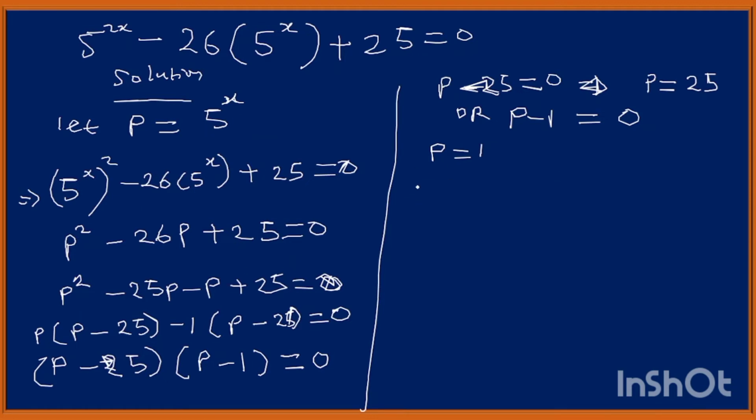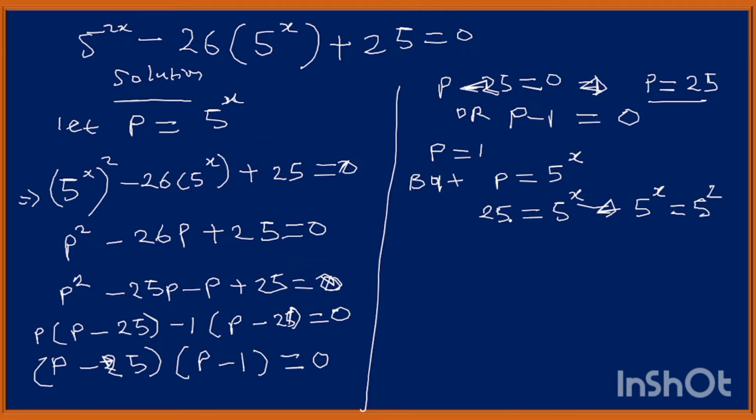But we accepted that p should be equal to 5^x. So in place of p, we check for p = 25, so we put in 25 = 5^x. If we solve this, we have 5^x = 5^2, so x = 2.